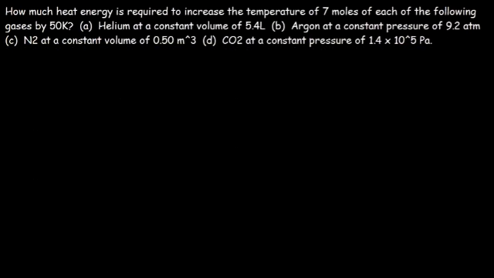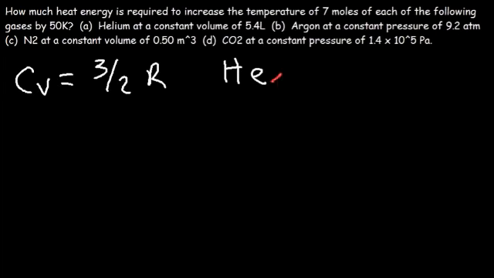Now what about part C, where we have a diatomic molecule, or part D, where we have a molecule with 3 atoms? What can we do? So let's review. Cv is equal to 3/2 times R for a monoatomic gas. That is a gas basically with 1 atom in a molecule or in a particle.